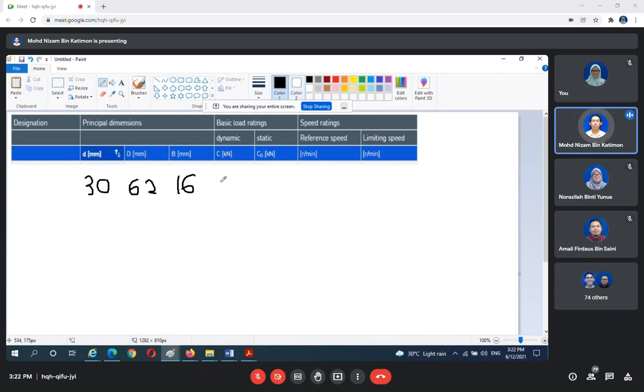The value of C10 is 20.3, and the value of Co is 11.2.